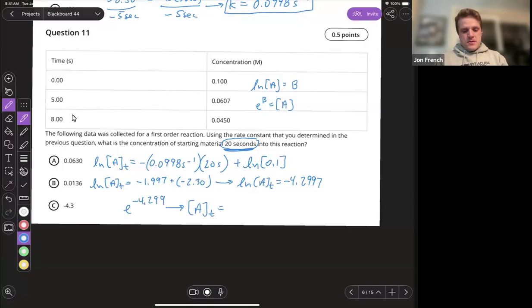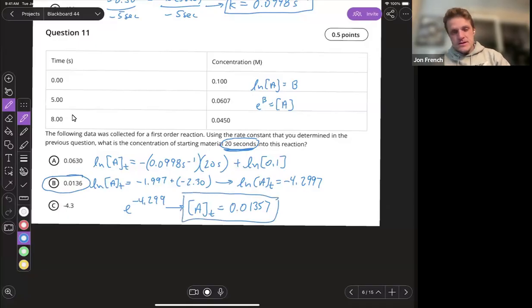So we need to get rid of that natural log. So raise e to that, and I get 0.01357. Let's see what we have. And so yeah, I would go with choice B here, 0.0136 for my concentration, 20 seconds into this reaction.